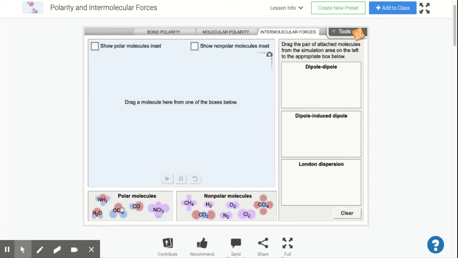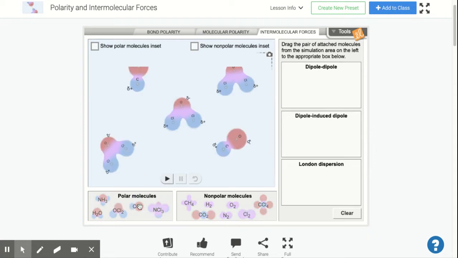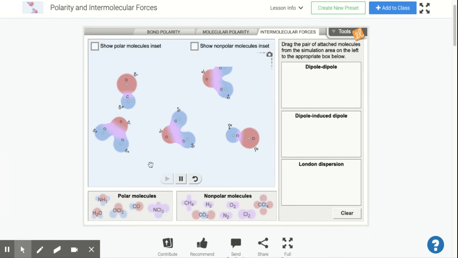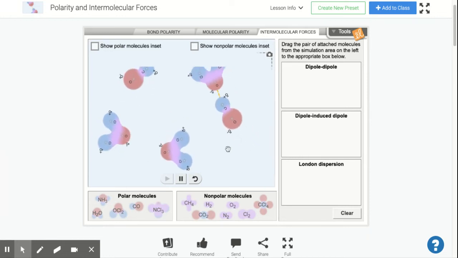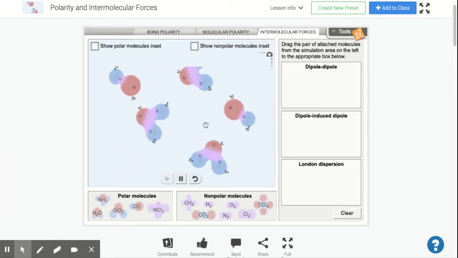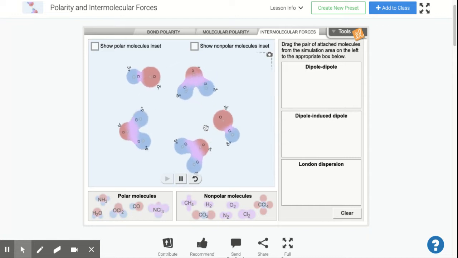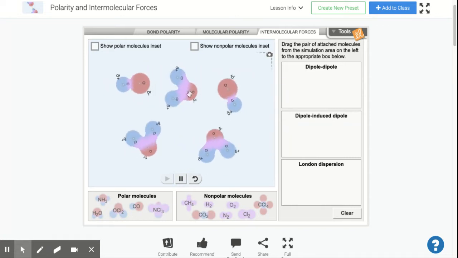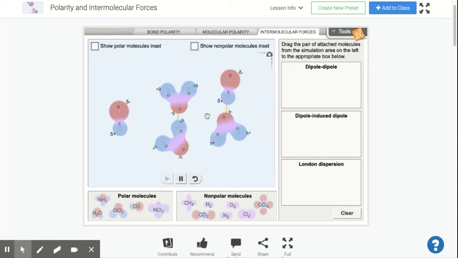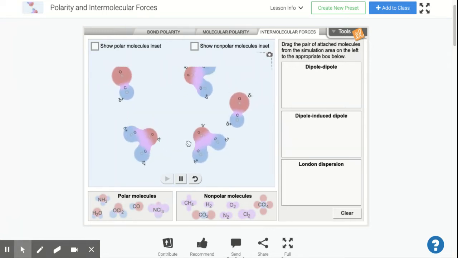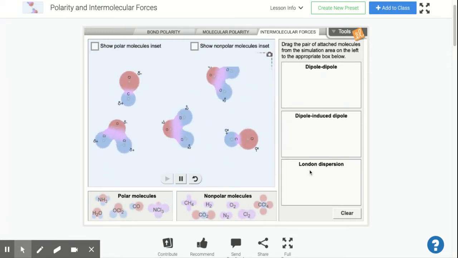So if you are dragging your molecules up here, you're going to drag another molecule. I don't think it matters which one. And then you hit play. You have several different molecules floating around. It's just going to show kind of how or where they would bond together. I feel like this is not part of the assignment because we didn't actually talk about this yet with dipole and London dispersion.